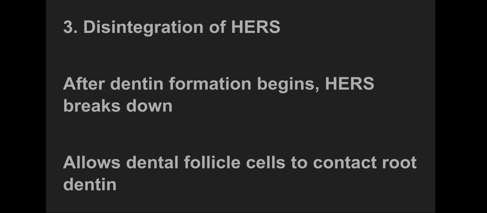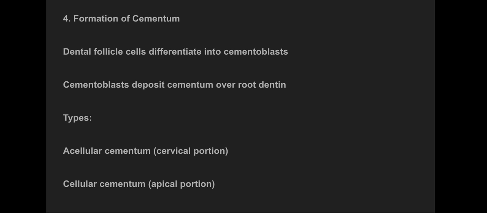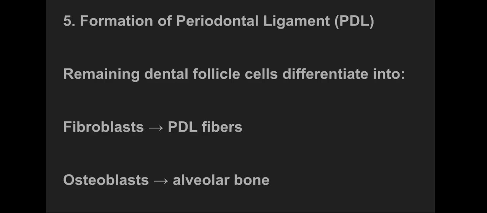Next is disintegration of HERS. After dentin formation begins, Hertwig epithelial root sheath breaks down, allowing dental follicle cells to connect to root dentin. Formation of cementum: dental follicle cells differentiate into cementoblasts, which develop cementum over the root dentin. Types: acellular cementum and cellular cementum.